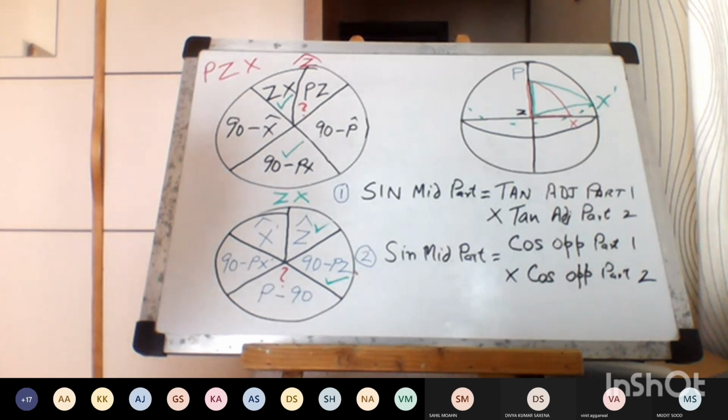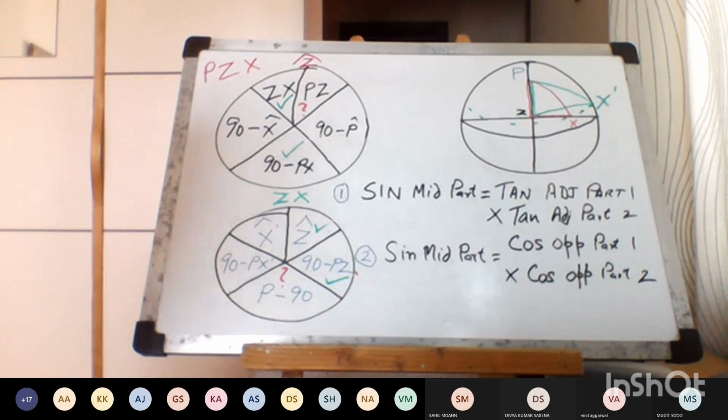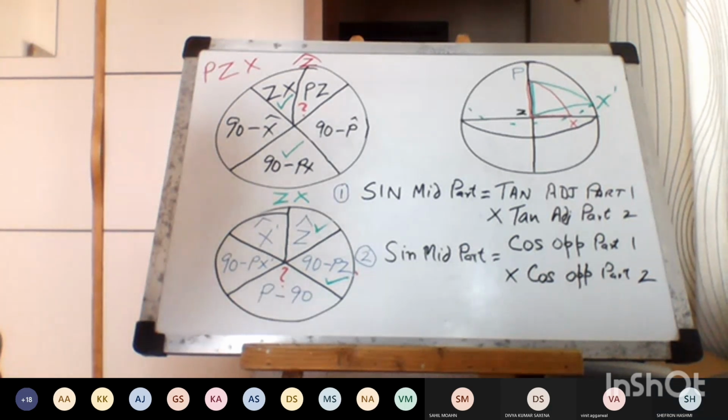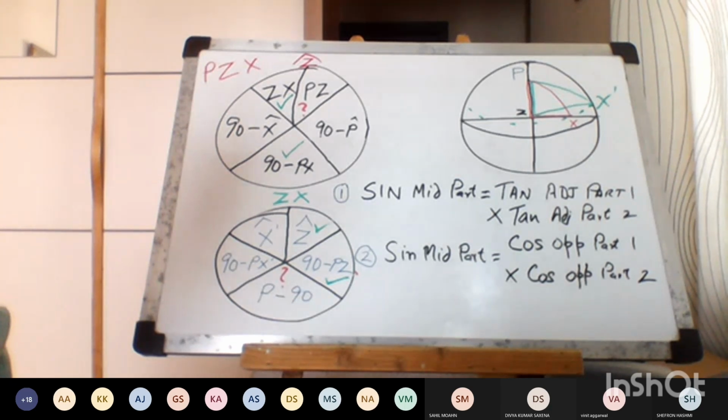Even in great circle sailing, I'm sure you're already doing this. Are you aware of these things? Yes, sir. In the vertex, those formulas are already made, no? So many formulas are there. They depend basically on these types of rules only.